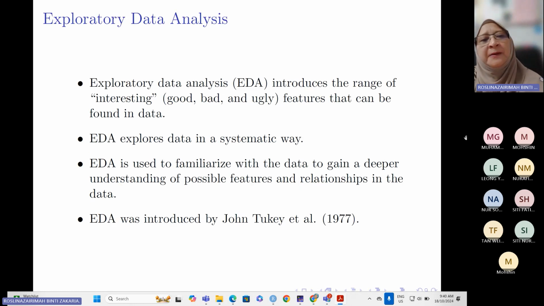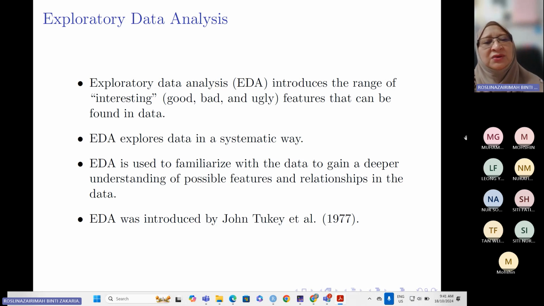So what is EDA? EDA stands for exploratory data analysis. It introduces the range of interesting features that can be found in data. It can be good, it can be bad, or it can be ugly. That is the first instance. Sometimes they say that this is the data preparatory stage.